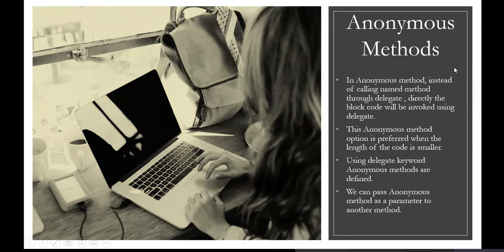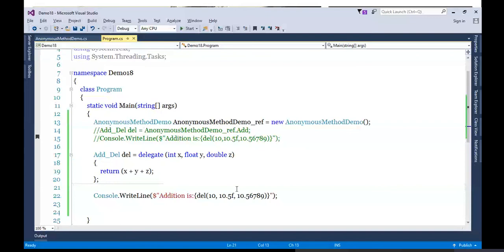But this is possible. I told you already, the advantage of delegate was you can pass one method as a parameter to another method. Similar to this, you can pass anonymous method as a parameter to another method. And this is totally possible.